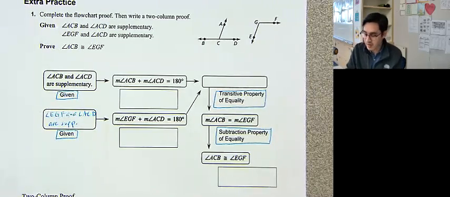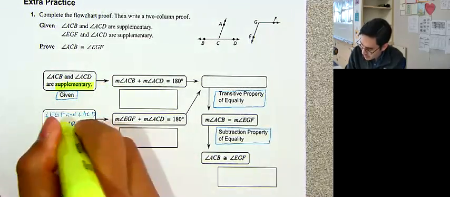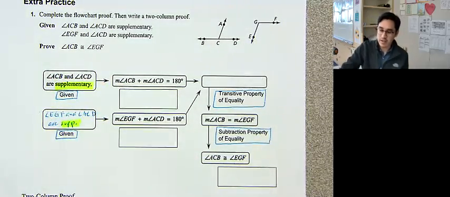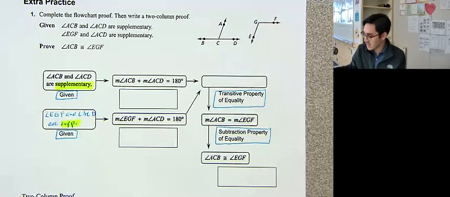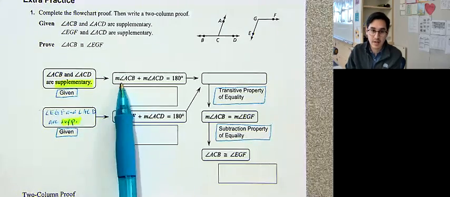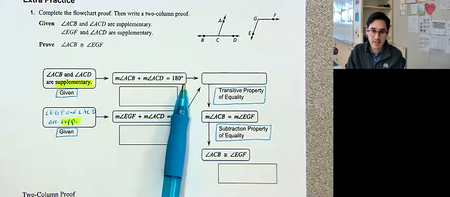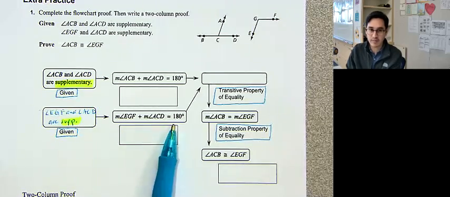Well, so now we should probably ask ourselves, what does supplementary mean, right? That is one of our key words. And usually if you see a key word, it's probably going to lead to the next statement. Okay, so supplementary means that things add up to 180, which is exactly what we see here, right? The measure of the two angles adds up to 180. The measure of these two angles adds up to 180, right?